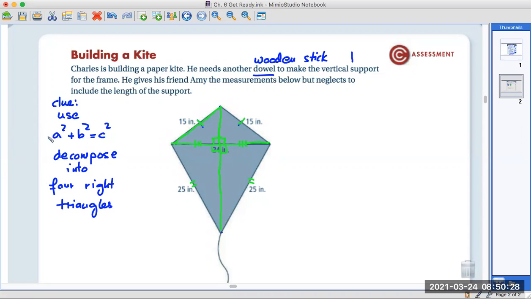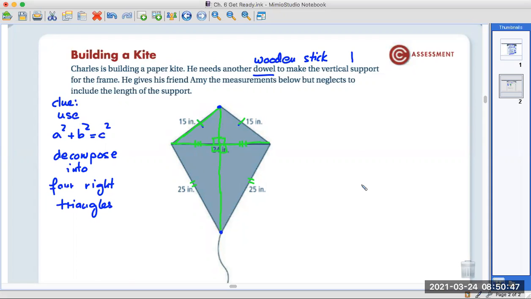And use the Pythagorean theorem to find that missing length. Okay, so that's the first thing. Your job is to figure out from here to here, how far is it? What's this dowel? That's called a dowel that you have to cut to put on your kite. So that's the first question.